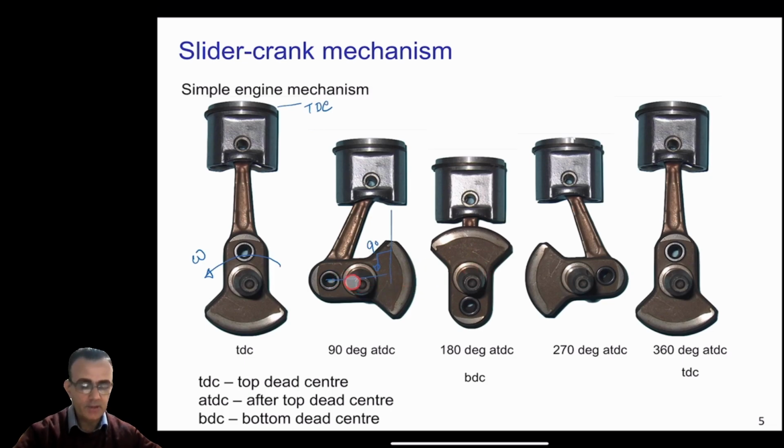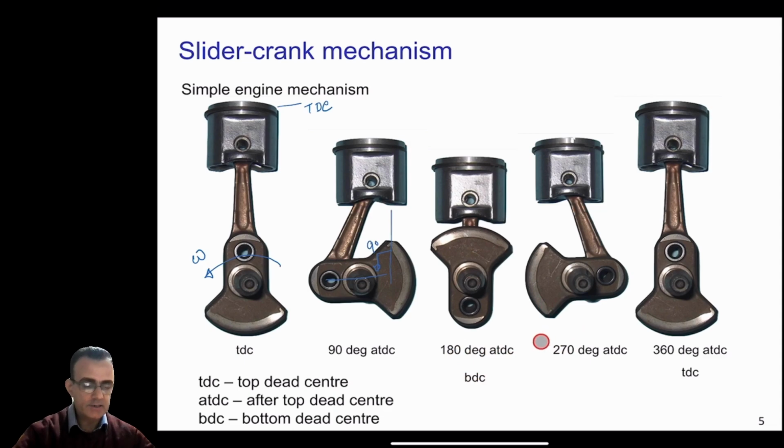Then again, if the crank rotates 90 degrees more, the total angle now is 180 degrees. Initially the position is here, and it has rotated 90 degrees more. The total angle here is 180 degrees, and this ATDC means that it is after the top dead center, 180 degrees after the top dead center.